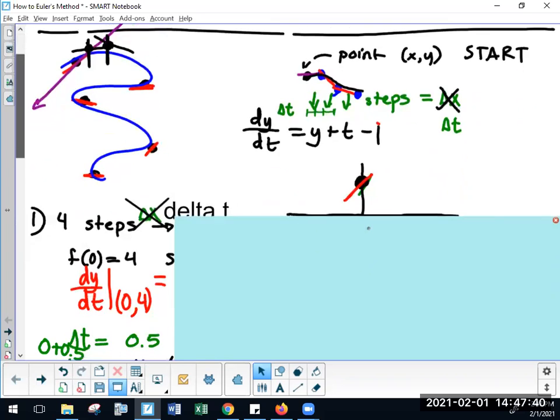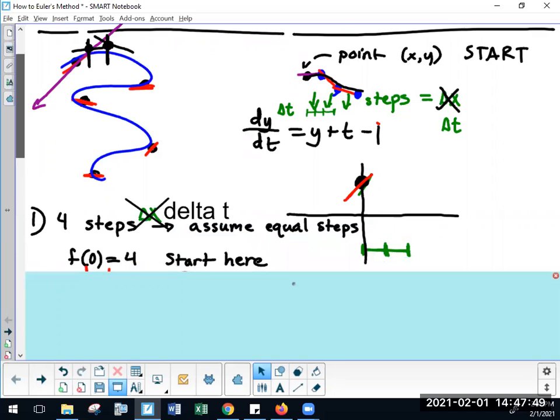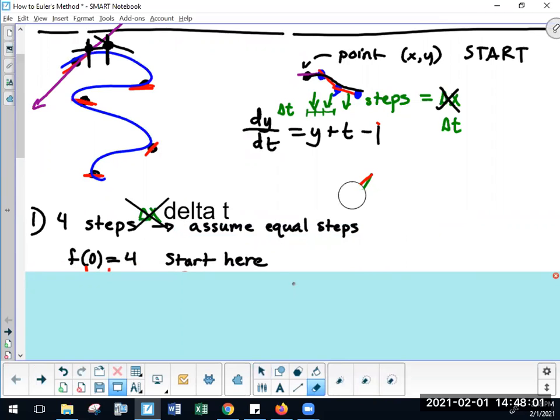But anyway, we're going to do 4 step sizes. We're going to assume equal steps, and we're going to use the function y equals f of t. So that's the function we're doing. And y equals f of t has the differential equation that's been provided, of course.